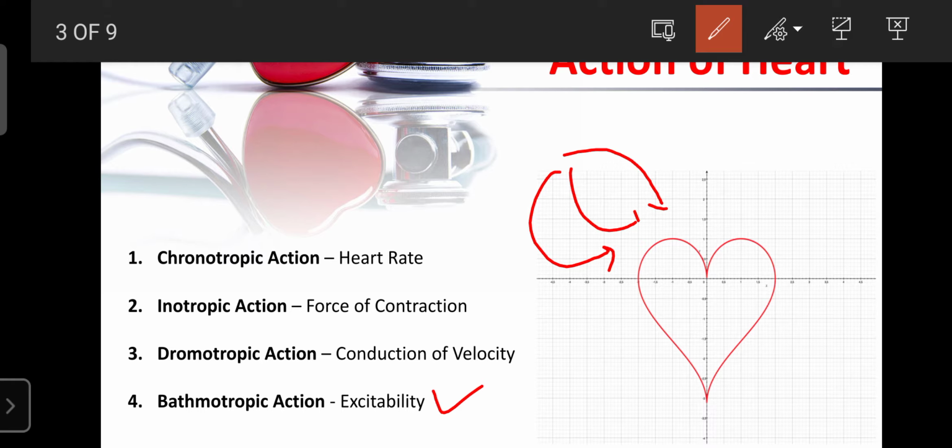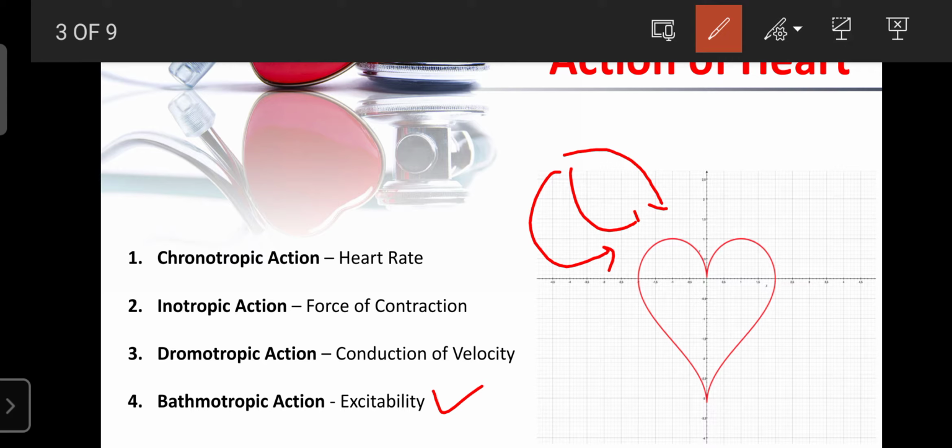For example, in your blood noradrenaline is increased. Actually, noradrenaline and adrenaline are secreted from the adrenal gland, which is present on top of the kidney. But when they enter the blood, from the blood they enter the myocardium, and the heart function increases, meaning heart rate and force of contraction increase.